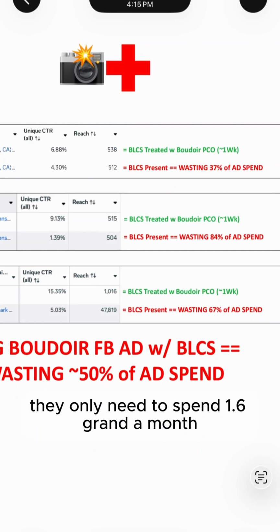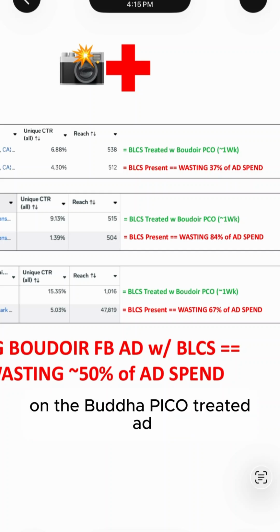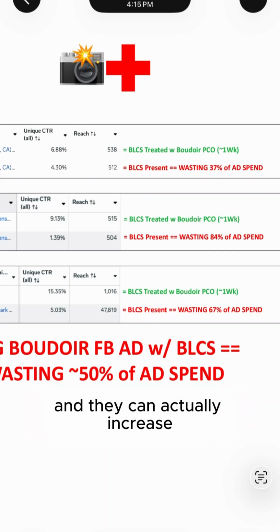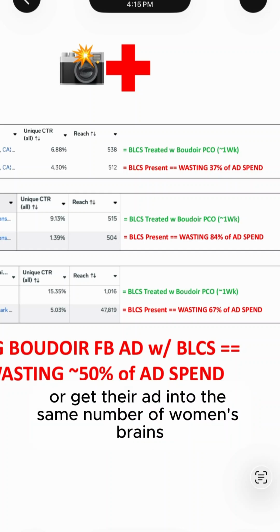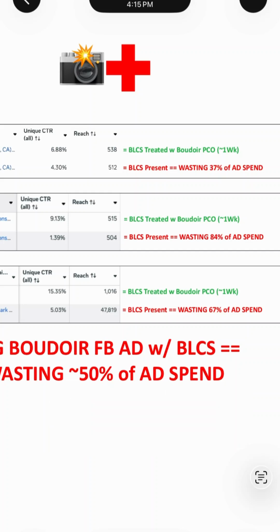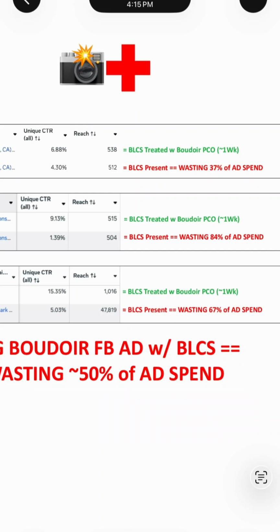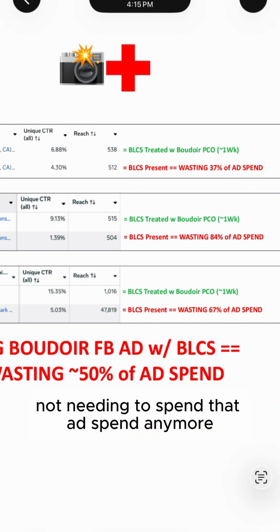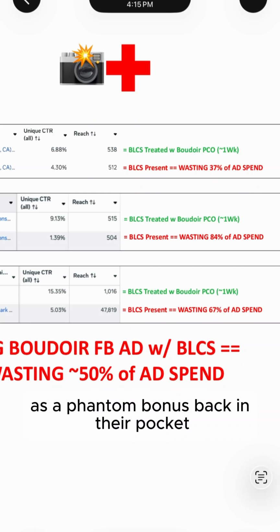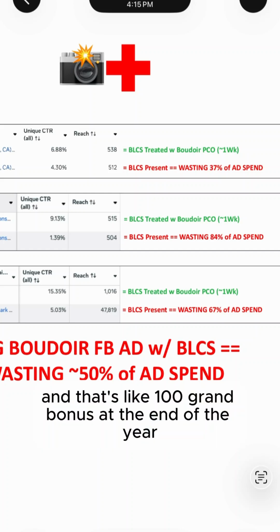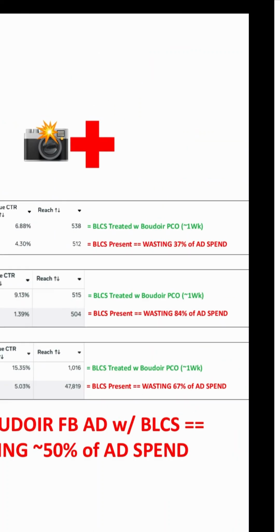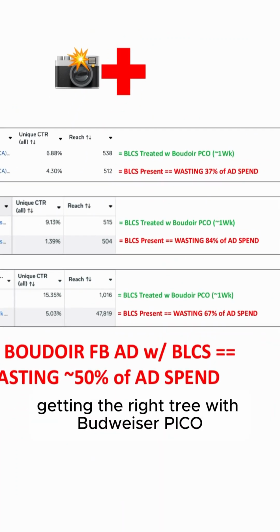Now they only need to spend 1.6 grand a month on the Boudoir Pico treated ad, and they can get their ad into the same number of women's brains in both scenarios. So they simply pocket that $8,400 a month, not needing to spend that ad spend anymore as a phantom bonus, back in their pocket, no extra work required, and that's like a 100 grand bonus at the end of the year by simply getting their ad treated with Boudoir Pico.